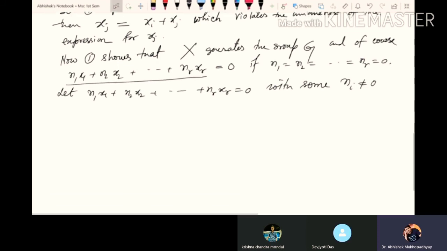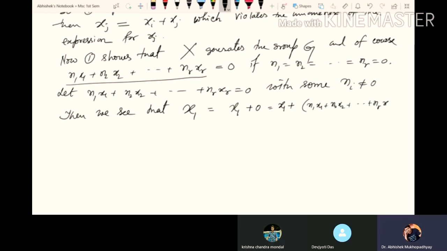So then we see that x1 can be written as x1 plus 0, and x1 plus 0 is x1 plus n1 x1 plus n2 x2 plus ... plus nr xr. So this implies it will be (n1 plus 1) x1 plus n2 x2 plus ... plus nr xr.